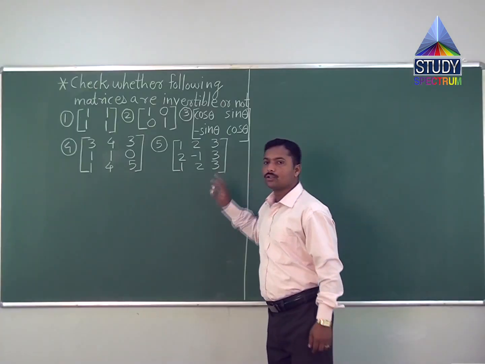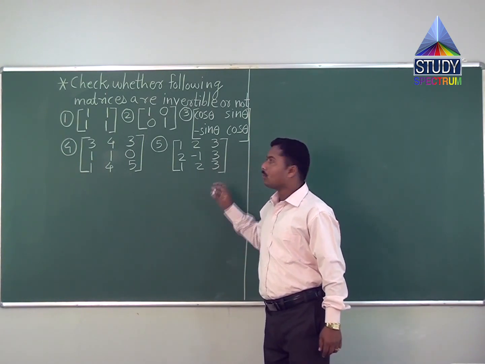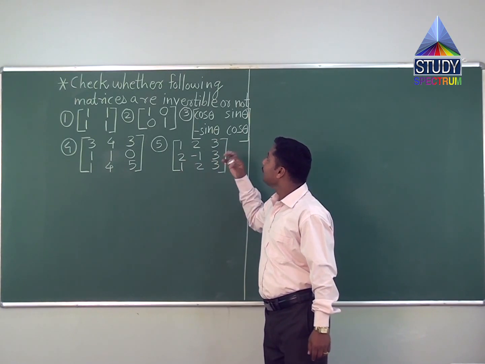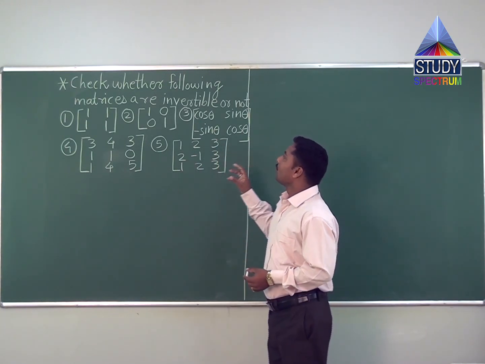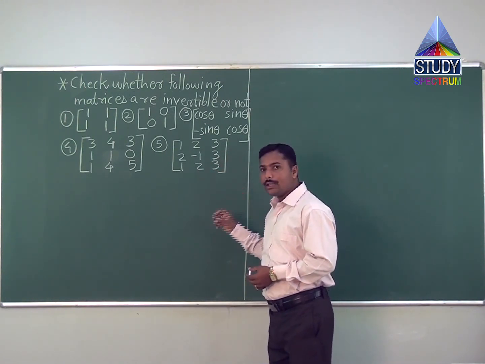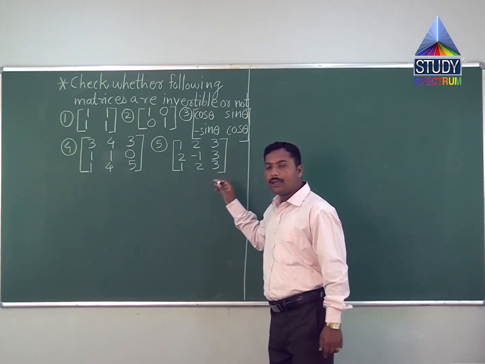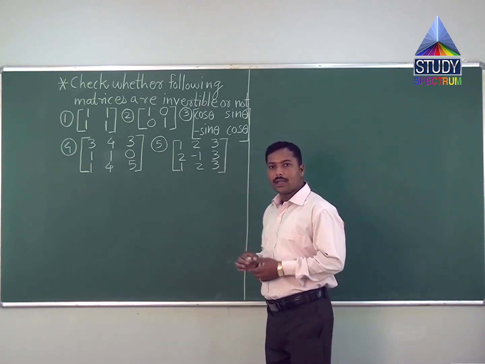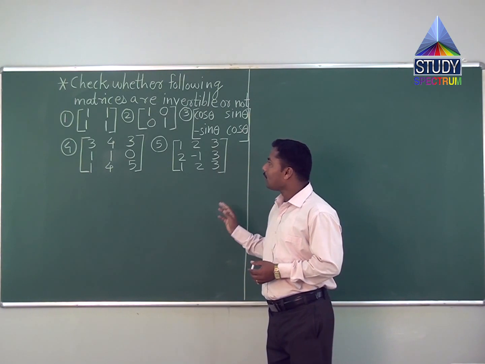So we discuss some more problems. Here the problem is: check whether the following matrices are invertible or not. For matrices, one condition for the inverse is that if determinant A equals 0, then that matrix has no inverse.